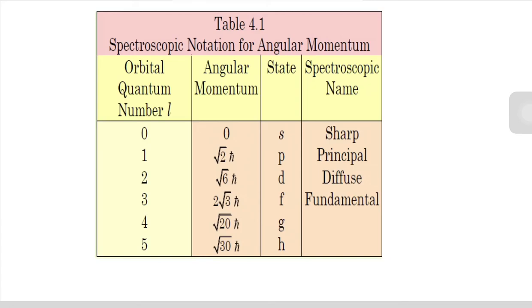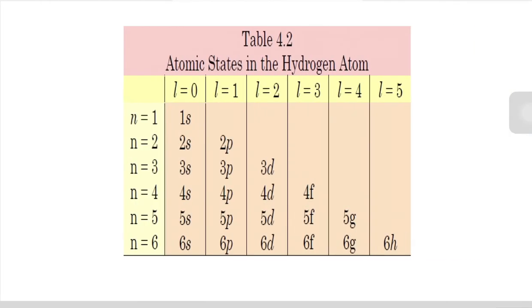In the second case, when L equal to 1, the angular momentum is equal to the square root of 2 h bar, and this shell is denoted by P, and it's called principal. And so on, also for L equal to 2, 3, 4, 5, we have different values of angular momentum, and the subshells are denoted by D, F, G, and H.